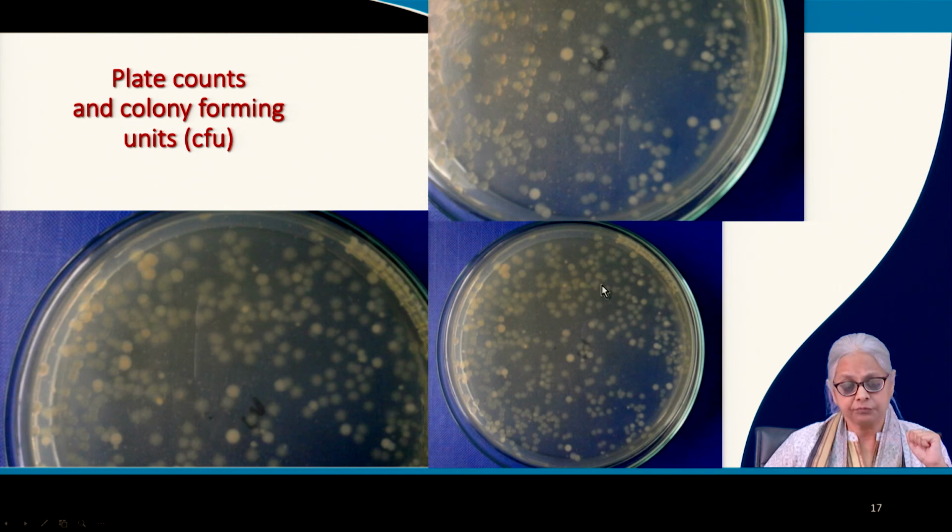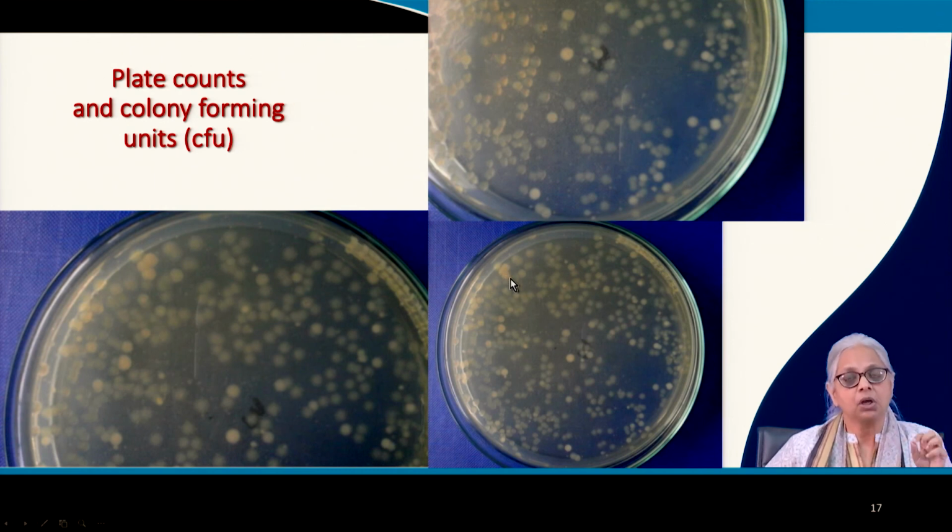You can see if the distribution and the spreading of the cells is good, then each of the colonies is fairly well defined and they are more or less of the same size. What you can also see over here is that the colonies are slightly different in color. There are grayish colored colonies, bright yellow colonies, and bright yellow orange colonies.